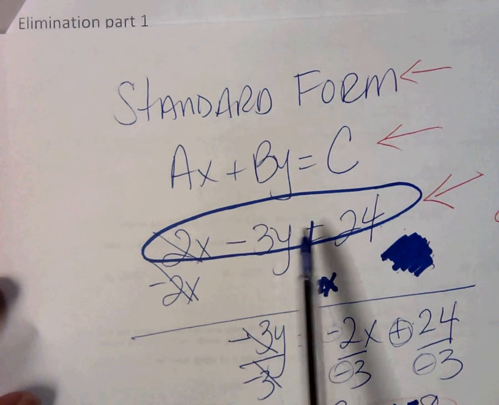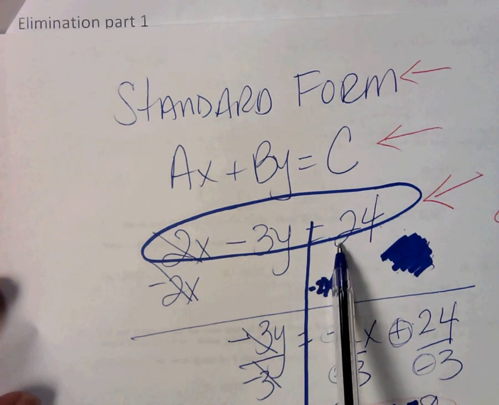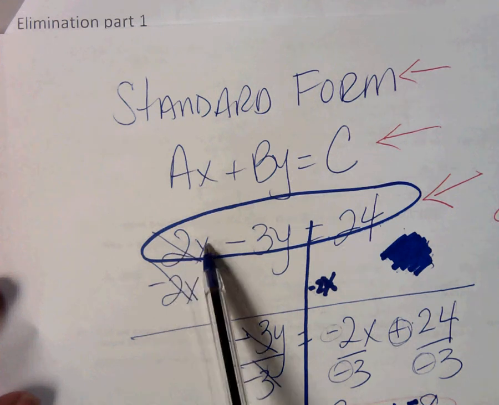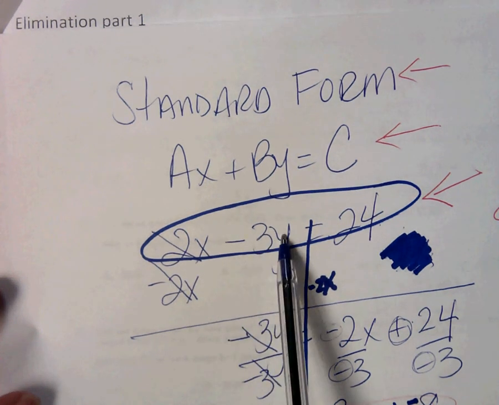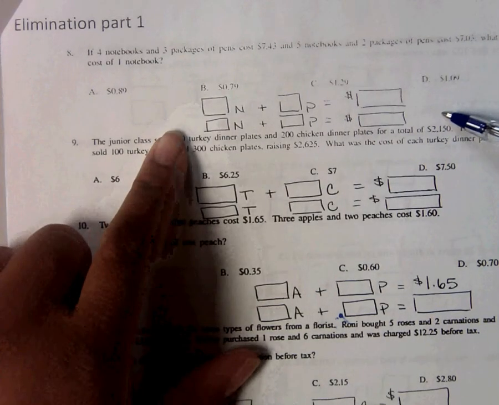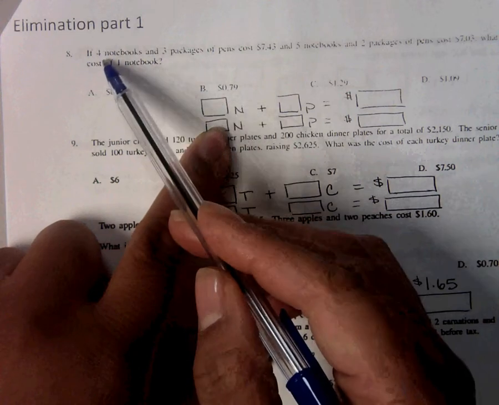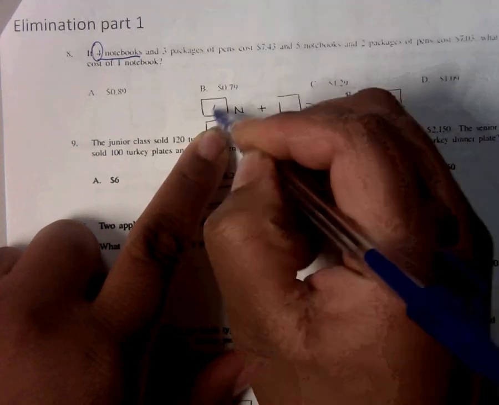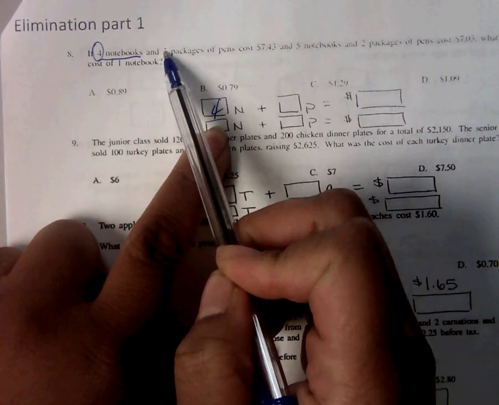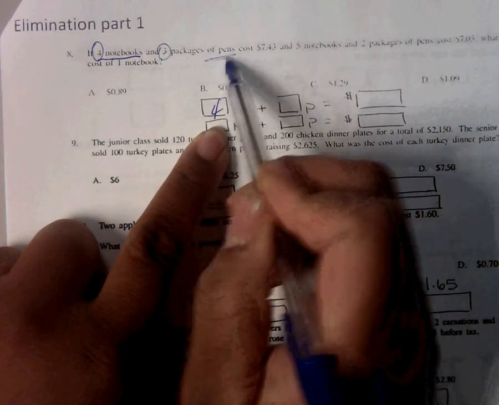Number, letter, equals number. Number, letter, there's a sign, number, letter, equals number. That is what we have going on here. The number is 4 because it says 4 notebooks. 4 notebooks. 3 packages of pens.